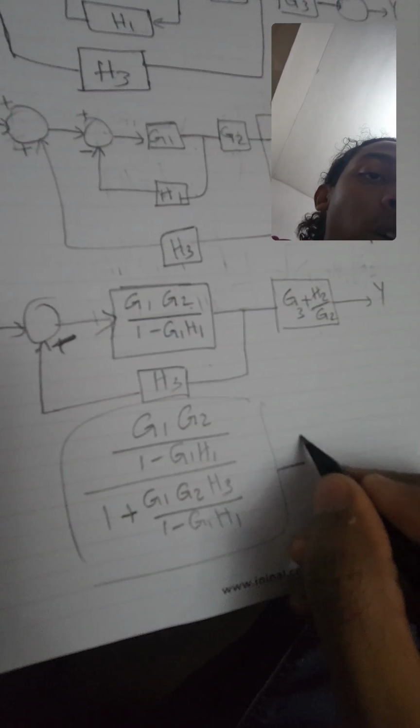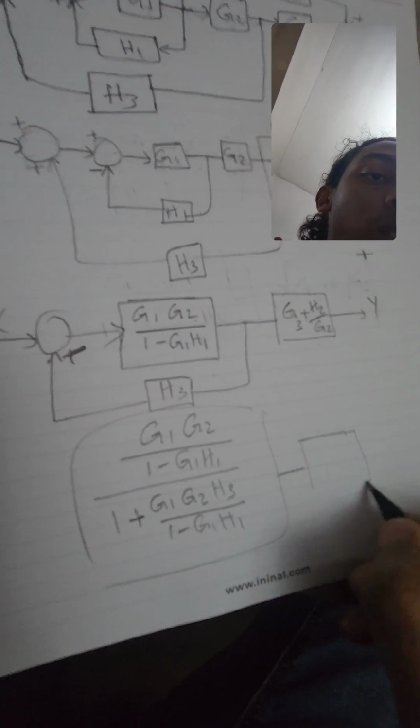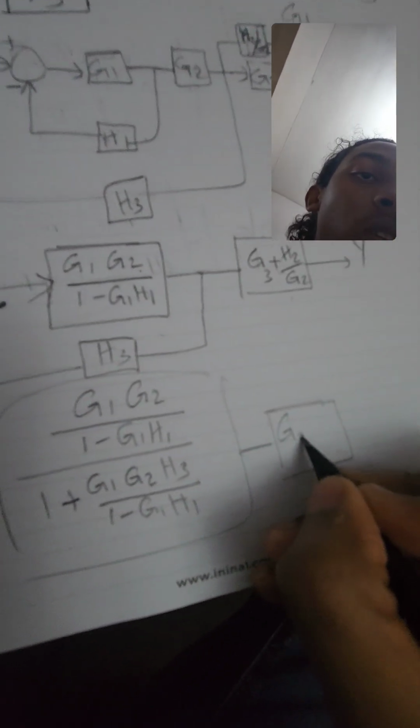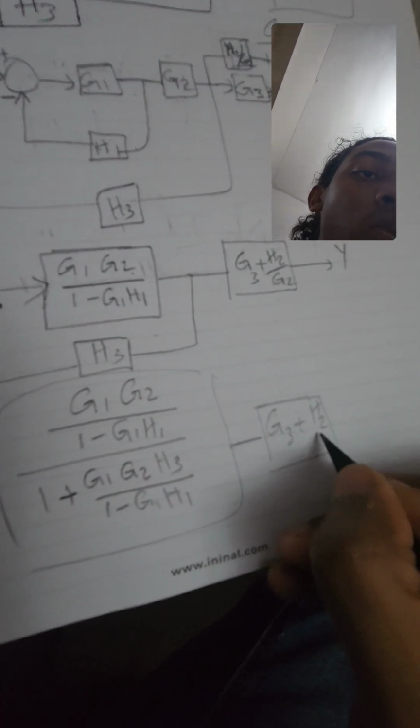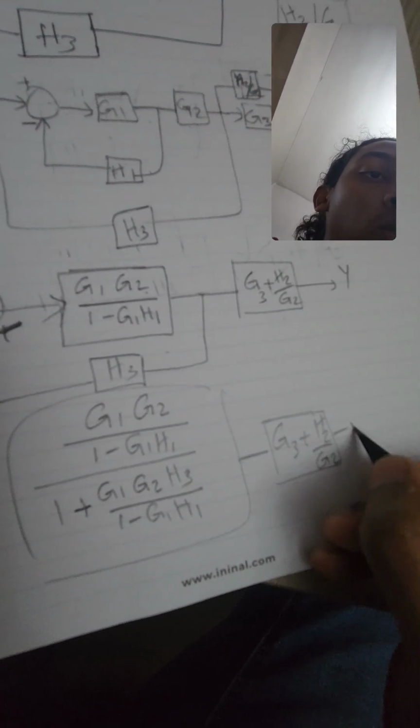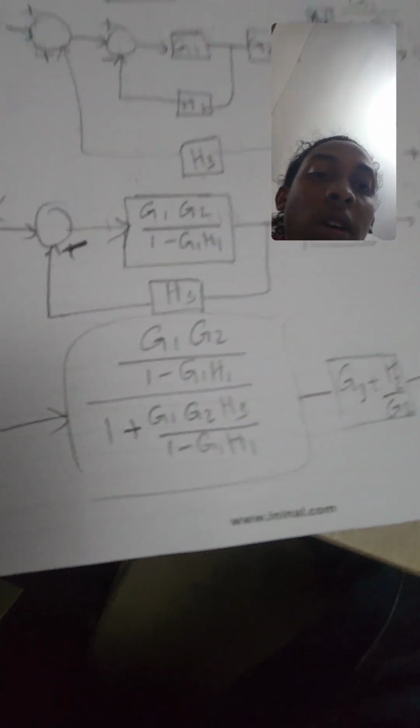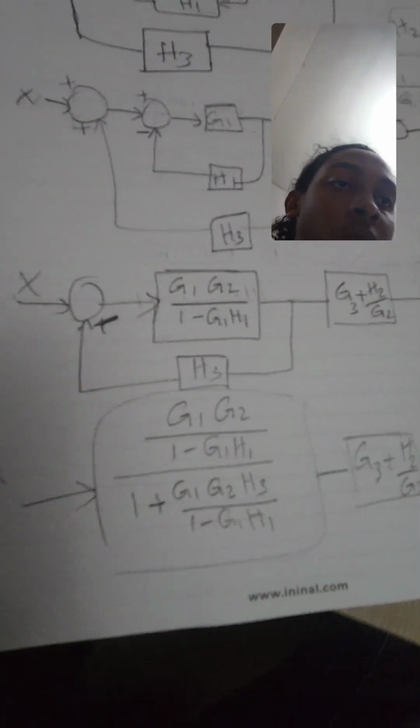And we have another block, G3 plus H2 over G2, and that gives Y. We have X here. So for this, let's move to another paper.